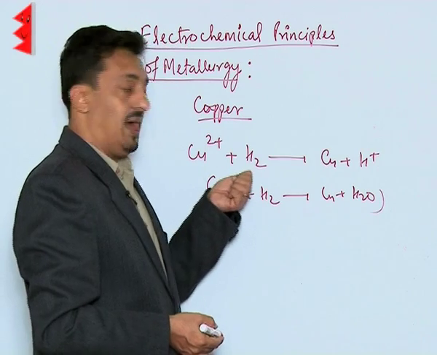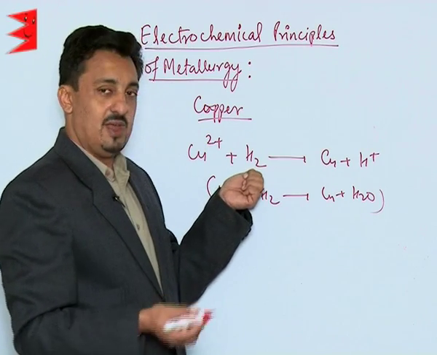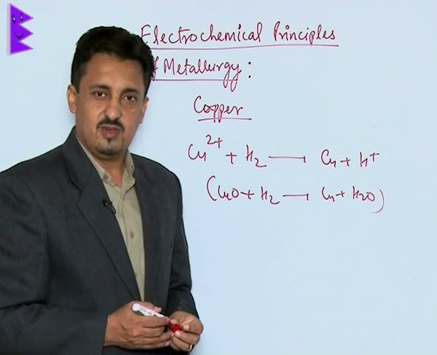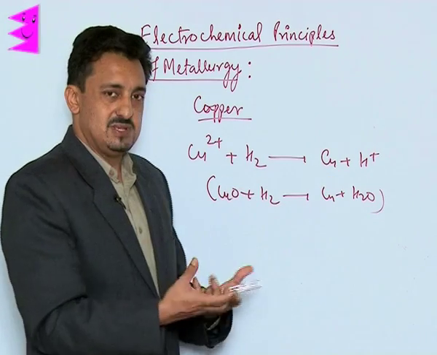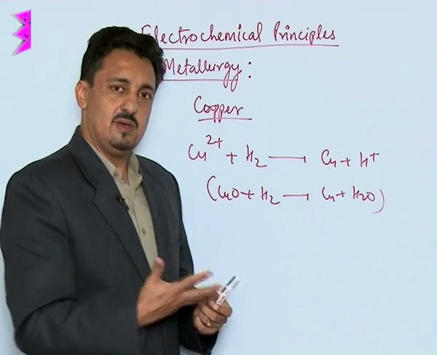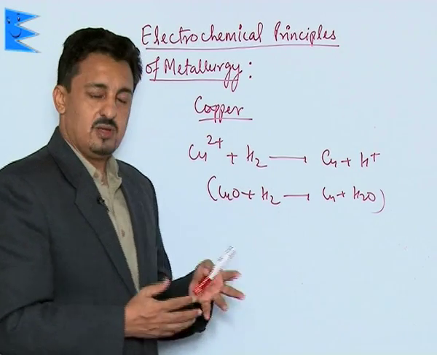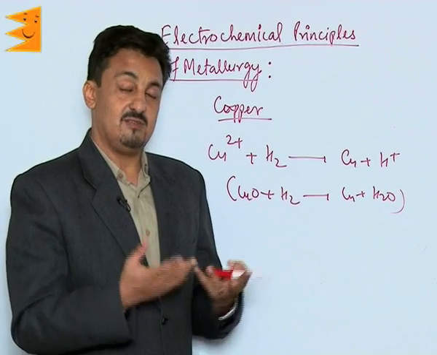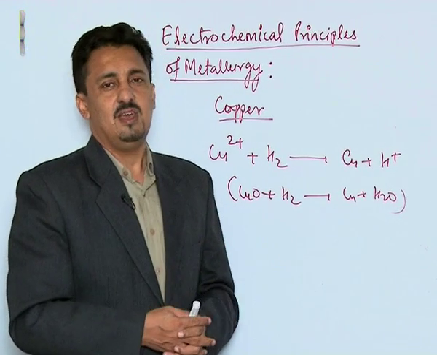Or we can use scrap iron for this purpose. Iron, being more reactive, reduces copper ions to copper, and itself gets oxidized to ferrous. So the same basic principles of electrochemistry are used to reduce less reactive metals by more reactive metals, and metals with more negative E0 reduction values by electrolysis.